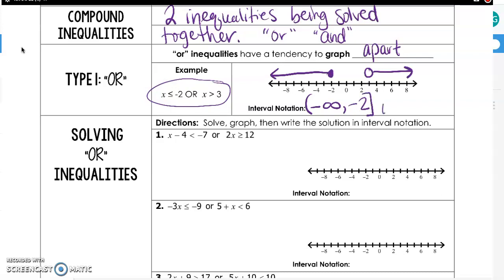And then you simply put the word "or," just like you have in your answer. This one starts at 3 and goes to infinity. Infinity has a parenthesis, 3 is open, so it also has a parenthesis. So your answer needs to have your two separate inequalities. Then you need to graph them and write your interval notation.